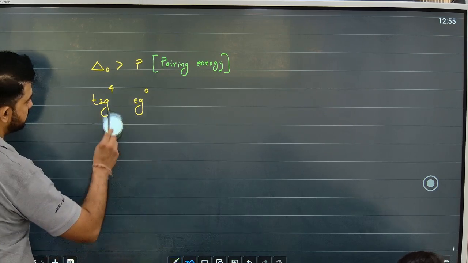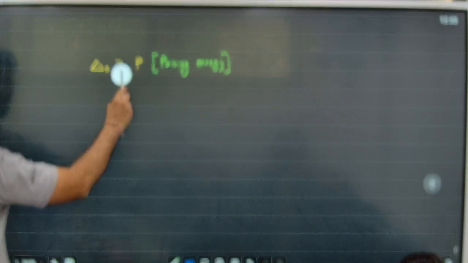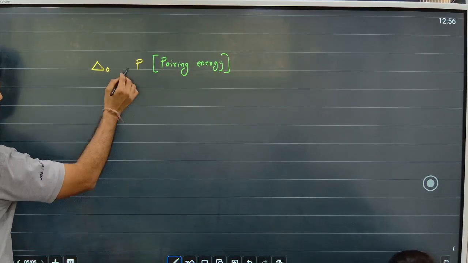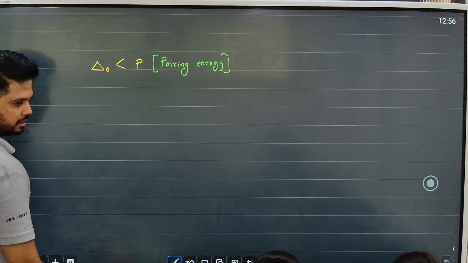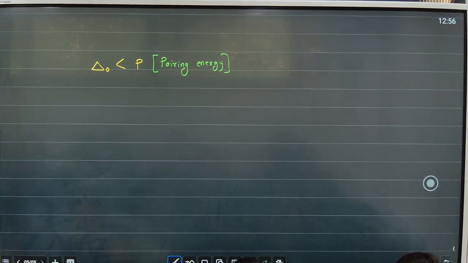What's the reason there? Because the pairing energy becomes higher than the octahedral energy.